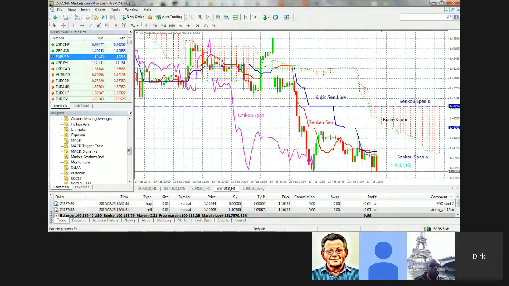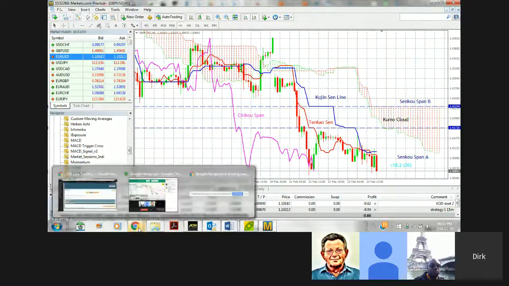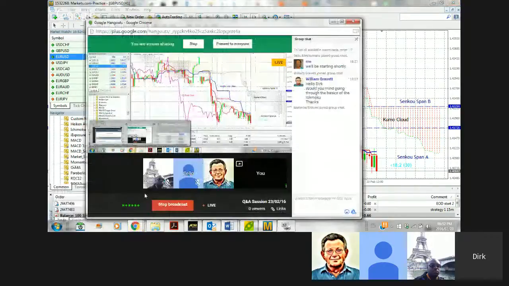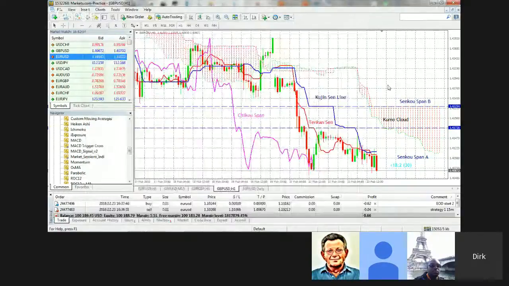Okay. Now that you know how it's put together and what we're looking at, let's look at the entry signals that we get generated by the Ichimoku. Now, one of the first signals that we tend to look at is what we call or refer to as a Kumo break.